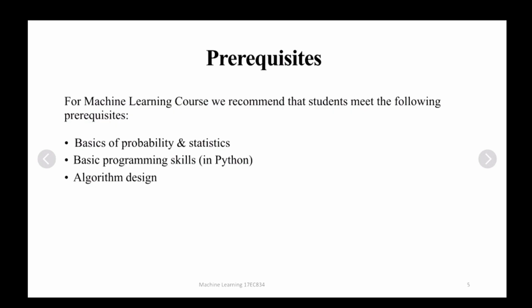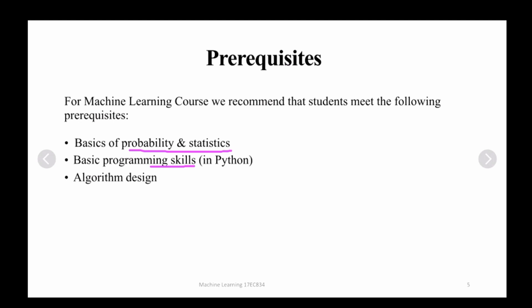What are the prerequisites you might require for machine learning? A bit of probability and statistics is required, not to the deepest level. We require some basic knowledge about what probability is, and some of the statistical calculations or expressions.